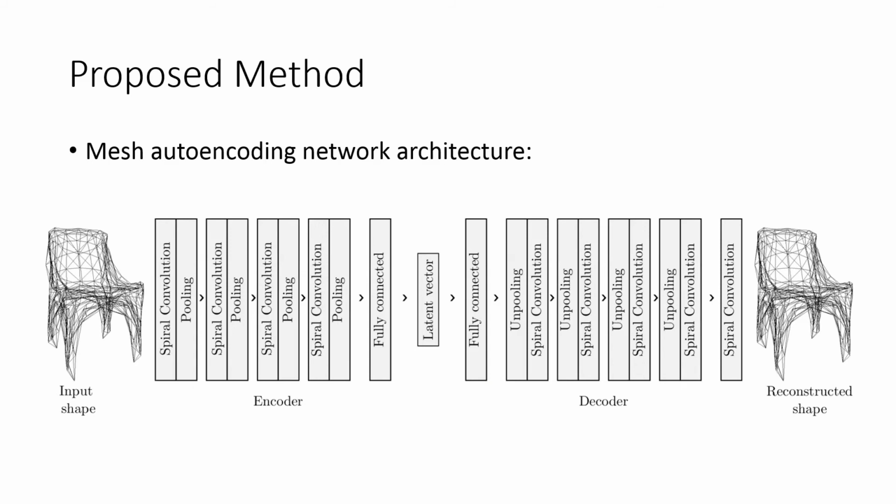The mesh autoencoding module is composed of an encoder and a decoder that work on the mesh directly. The encoder compresses the input mesh into a latent vector, then decompresses this latent vector back into the 3D shape. We specifically use the spiral convolution operator instead of resorting to the conventional graph convolution operator, which is based on feature aggregation and message passing.